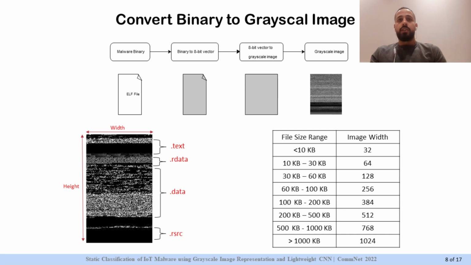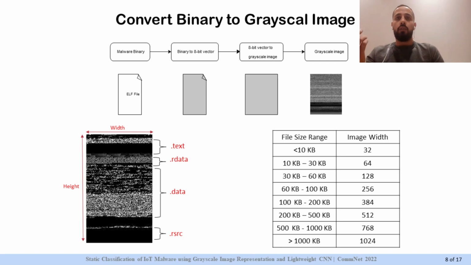The first step in our methodology is converting the binary file into a grayscale image. This methodology, suggested by Nataraj, relies on converting the ELF malware samples into grayscale images. Each byte from the malware binary represents a grayscale pixel ranging from 0 to 255, where 0 is black and 255 is white.